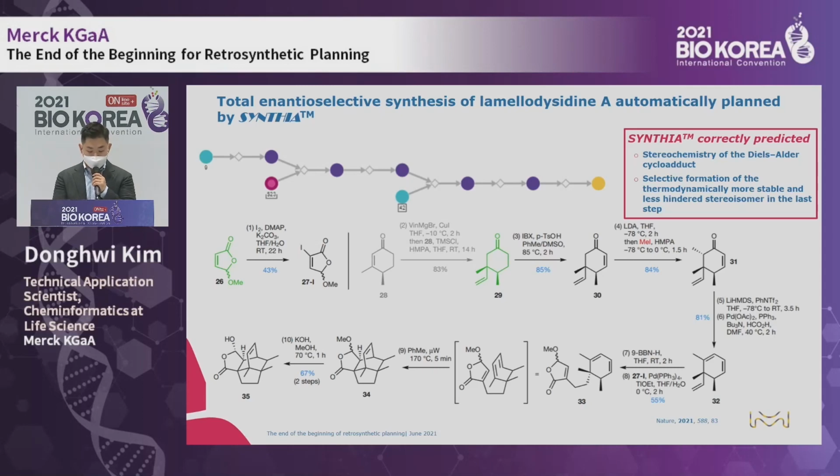Cynthia correctly predicted the stereochemistry of the Diels-Alder cycloadduct and the selective formation of the thermodynamically more stable and less hindered stereoisomer in the last step. So finally, the overall yield was 17.7%, and it was successfully executed.